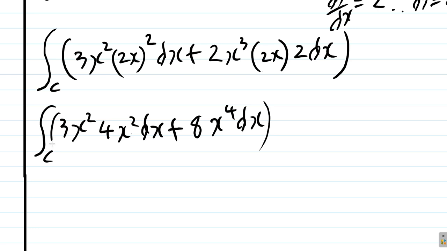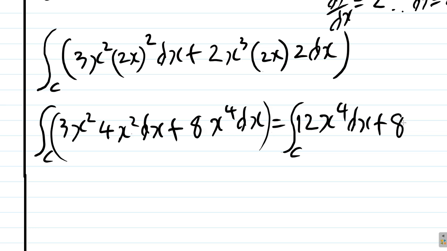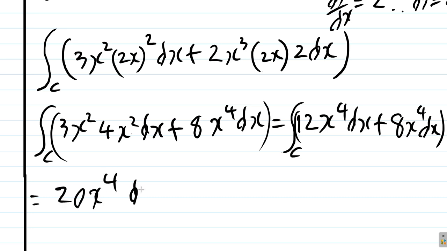Alright, integrate all of this, and that is equal to the integral along the curve of 3 4's 12, x to the 4th dx plus 8 x to the 4th dx equals, alright, so 12 and 8, that's 20 x to the 4th dx.